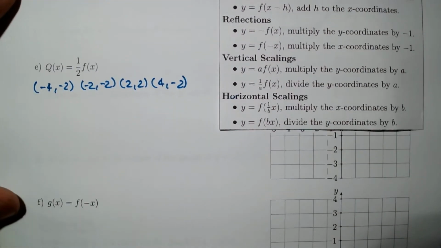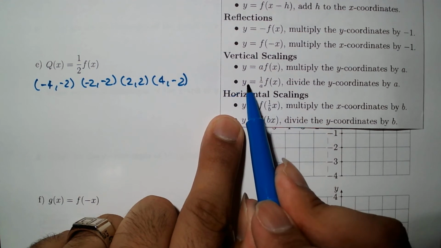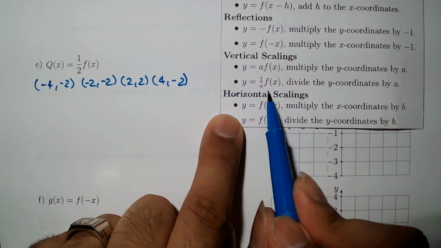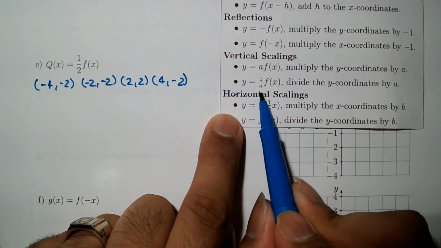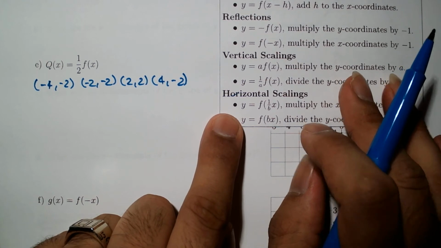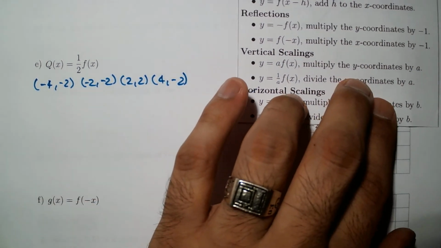So in this case, look at the big cube x times 1/2, which looks like a scaling. So 1 over a f of x, in this case we divide by a, or rather multiply the y coordinates by a.